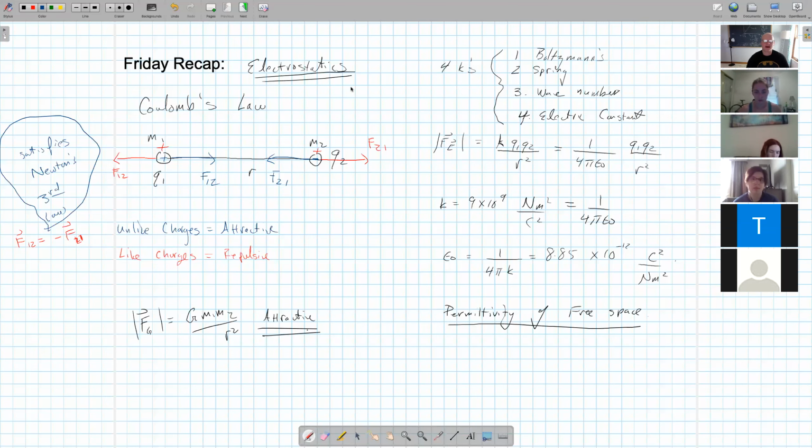So anytime I have electric charges and masses for these things to gravitationally attract each other, like here, if these guys both have positive charges, the electric force, which is going to repel these guys, is much more dominant than the gravitational force trying to attract these guys. So what is always going to be true is that the electric force is much, much bigger than the gravitational force. Gravitational force is ridiculously weak. It's the weakest force that we have.